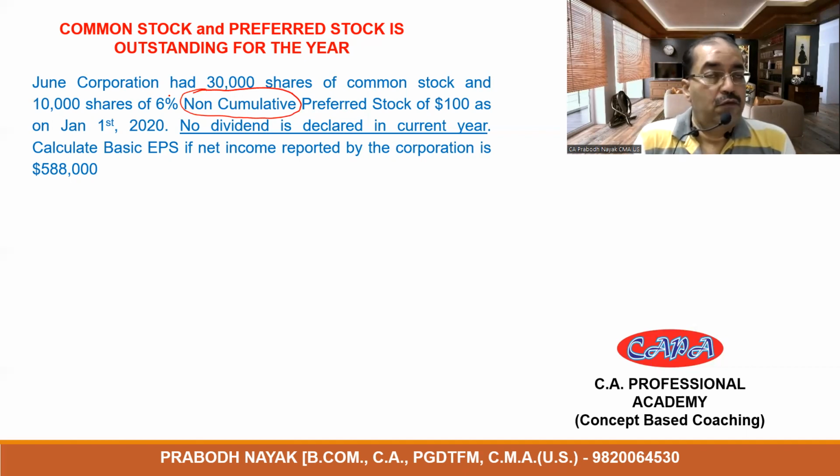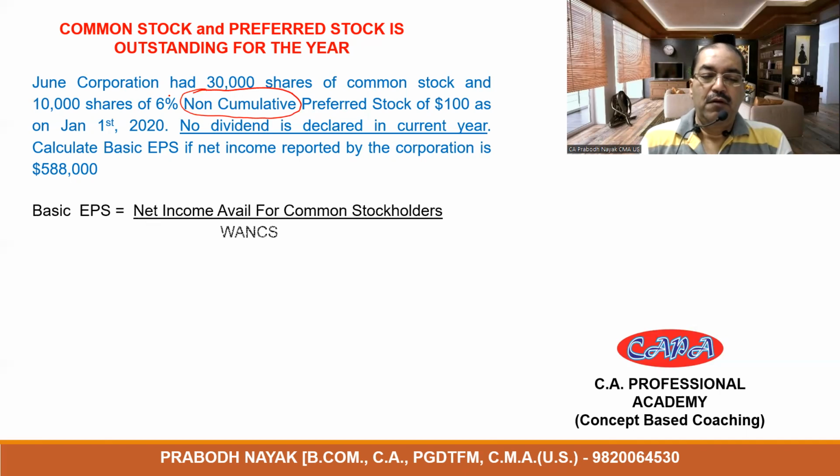So for preferred stock, we don't have any dividend declared. Bad luck for preferred stockholders. So no dividend means from the net income, nothing is to be paid to the preferred stockholders. Everything belongs to the equity stockholders. Formula: net income available for common stockholders divided by weighted average shares.